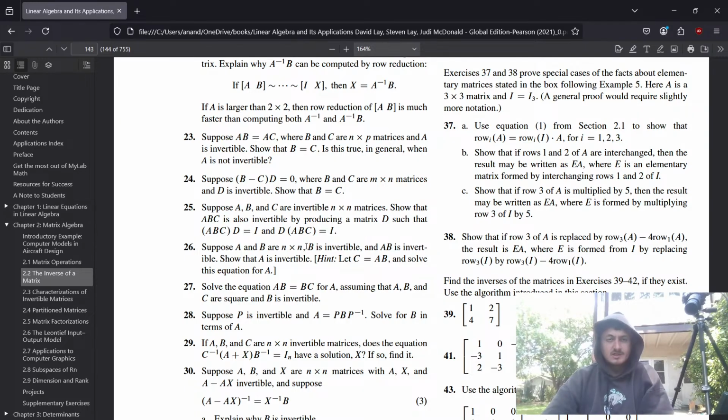26 and 27 are good. I always end up just writing them all down.